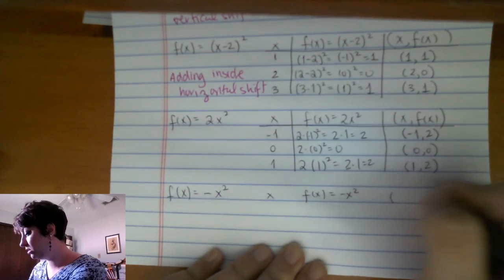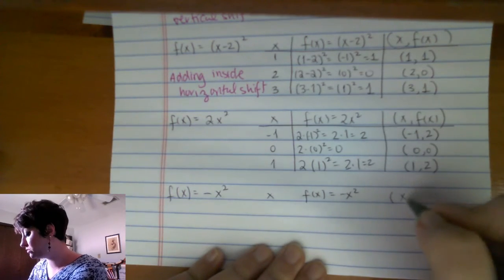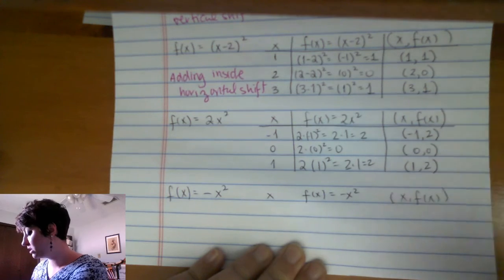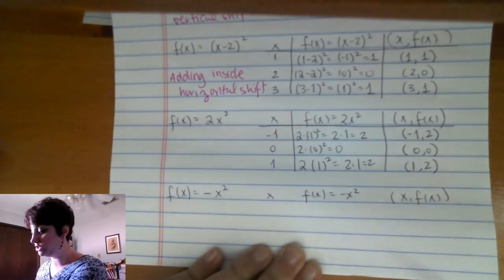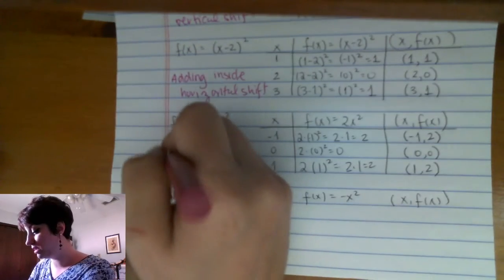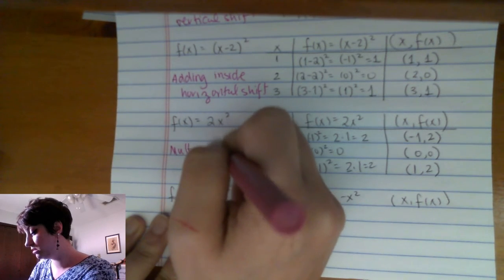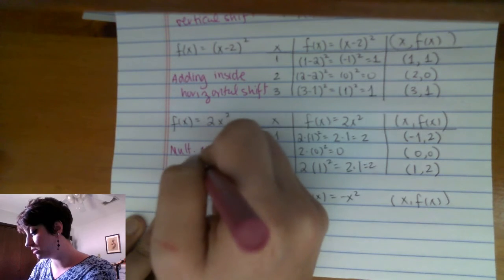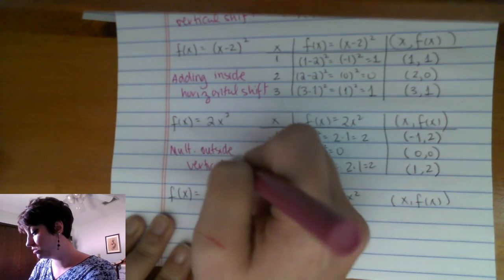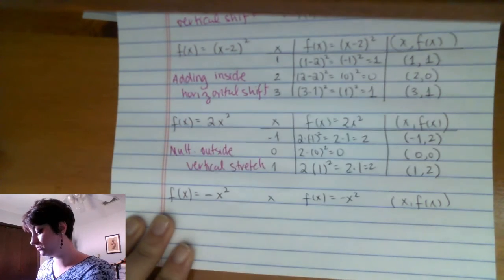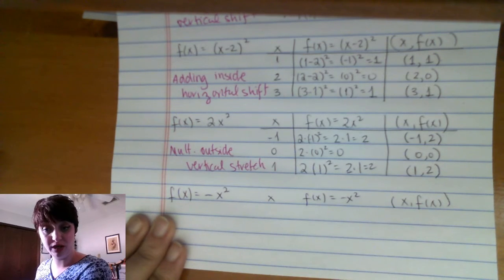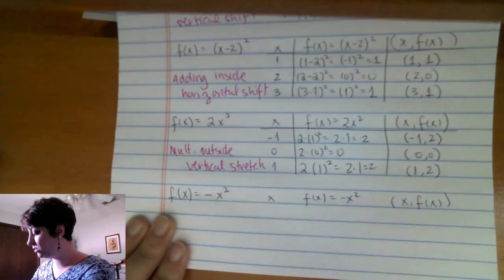Oh, I got to write a summary of the previous one. So my summary for this one I just did is multiply outside is a vertical stretch. Because you're multiplying things.